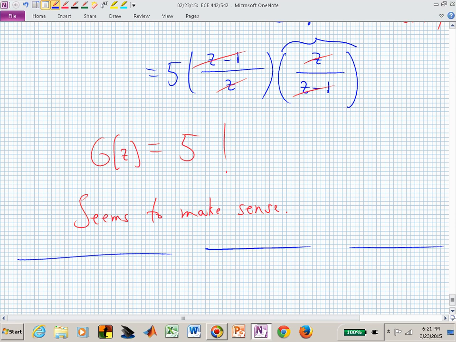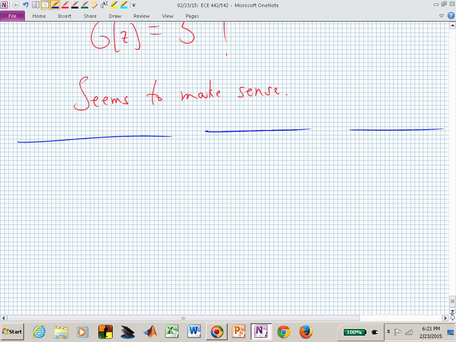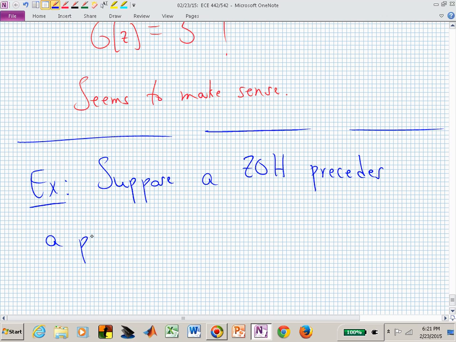Now, let's start walking. That was crawling, but I hope you saw the process. Suppose that now somebody says, suppose we have this zero order hold that precedes a pure mass system.